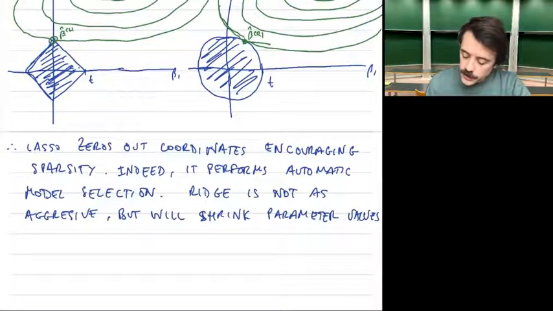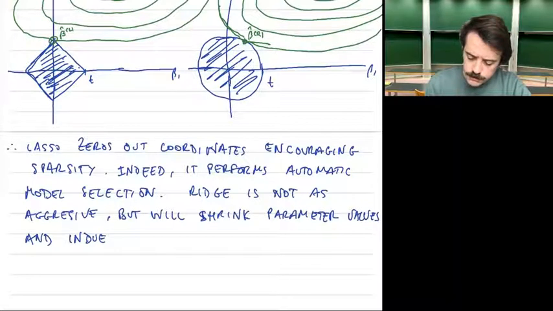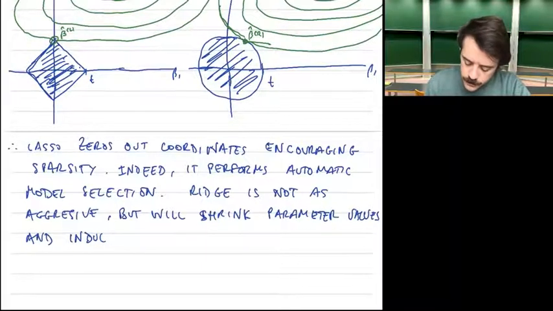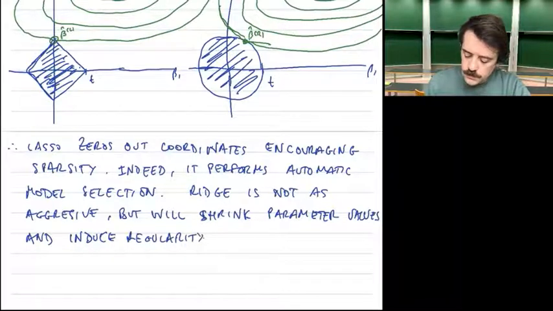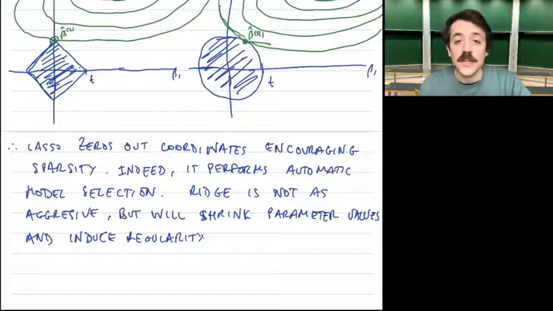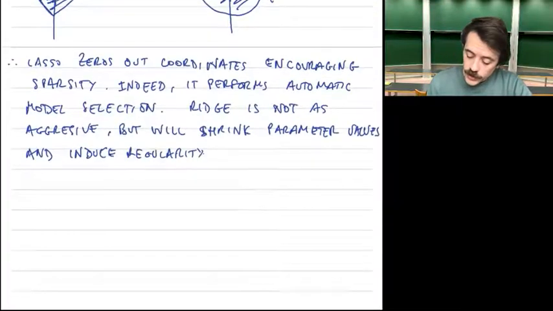So it will shrink parameter values and induce regularity. Okay. All right. So enough for lasso and ridge.